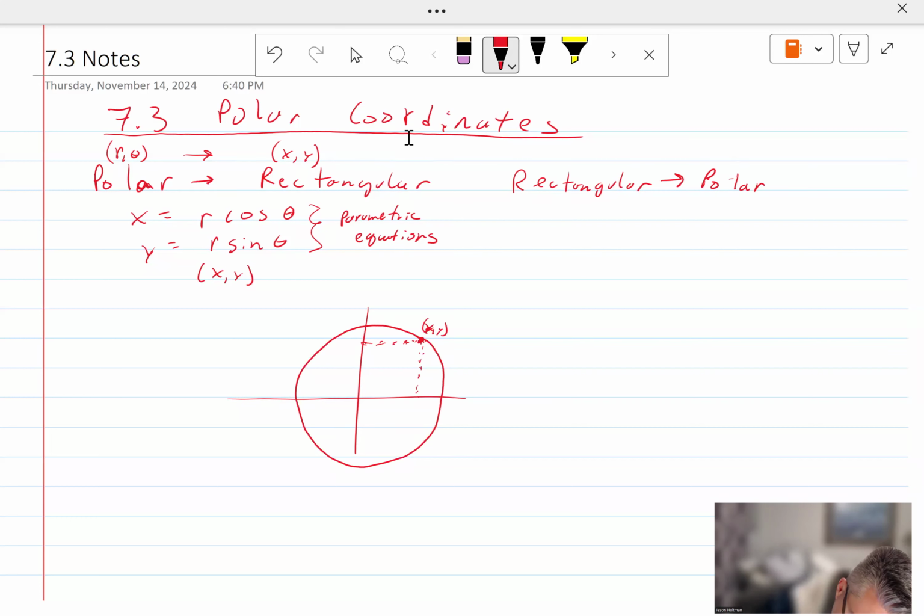However, we could also think of it in terms of r being the distance from the origin out to the point, and the angle that this makes with the x-axis, that's theta. So every point out in space can be thought of in terms of an x, y or an r, theta.